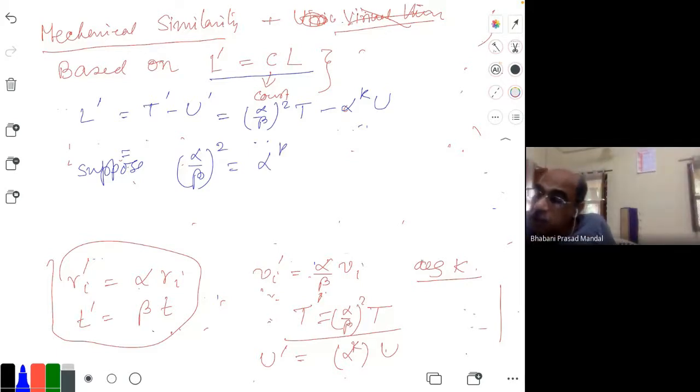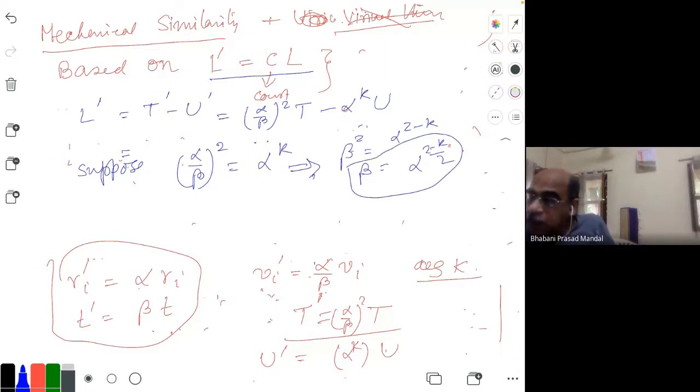That means beta square equals alpha to the power 2 minus k. So I choose beta equal to alpha to the power 2 minus k by 2.